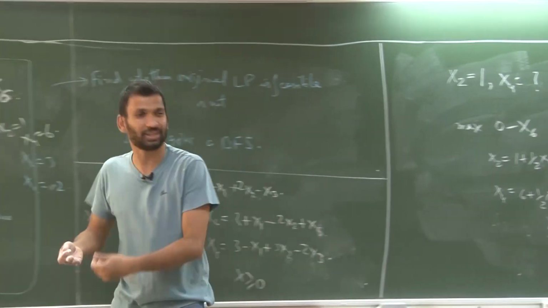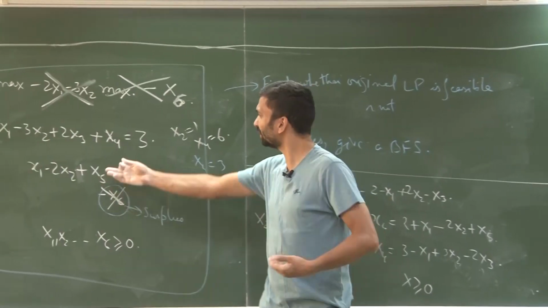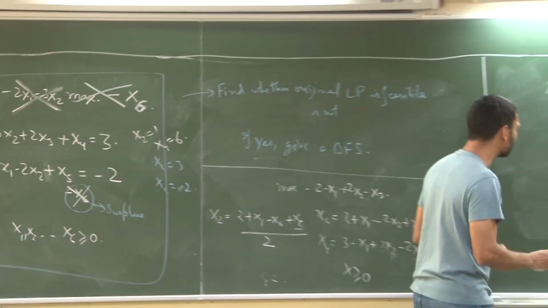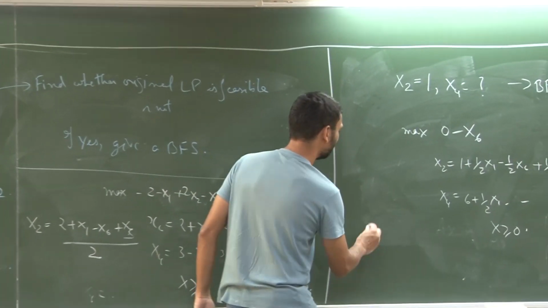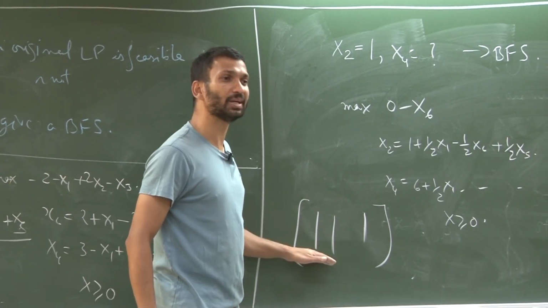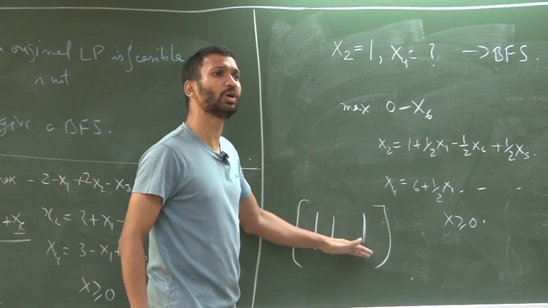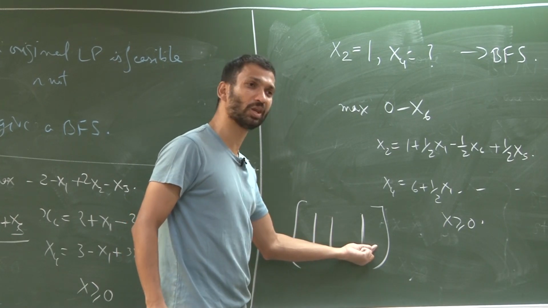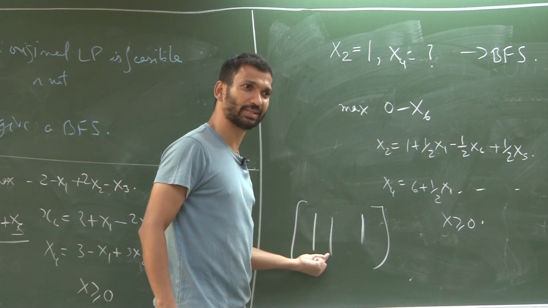Now, if they are not M, you can add some extra columns to make them M. All this trick I have done the second time, right? You have some linearly independent columns, but they are not making up the rank of M. How do you convert them into a basic feasible solution? There has to be some few columns here which will make the rank M, right?